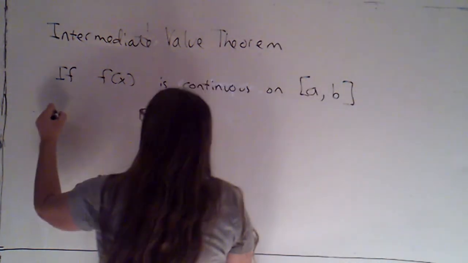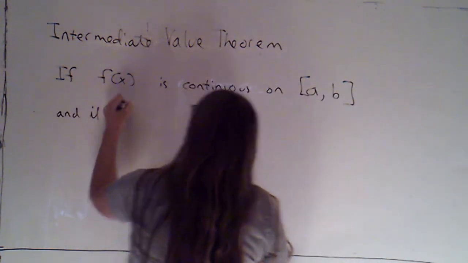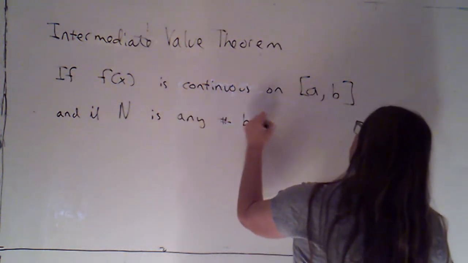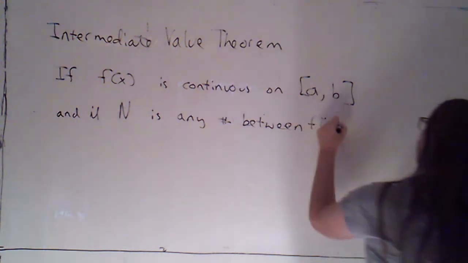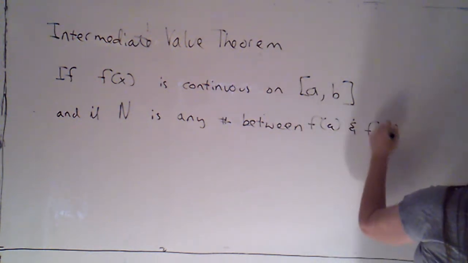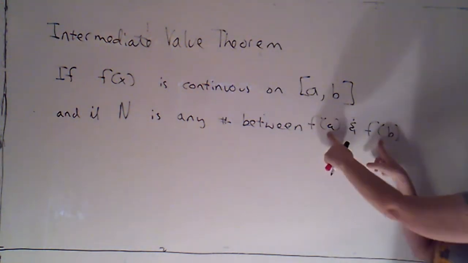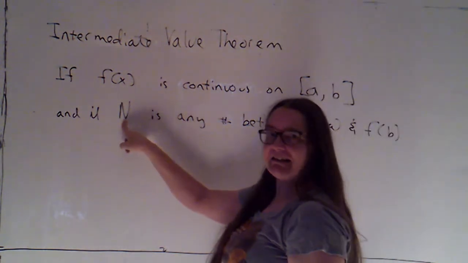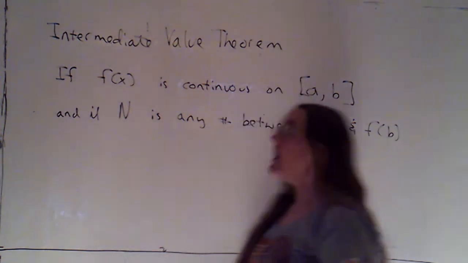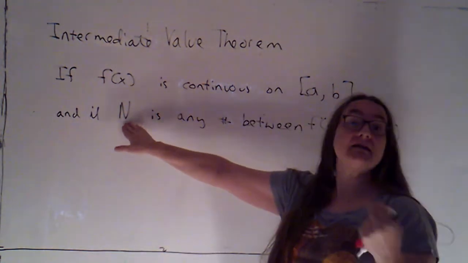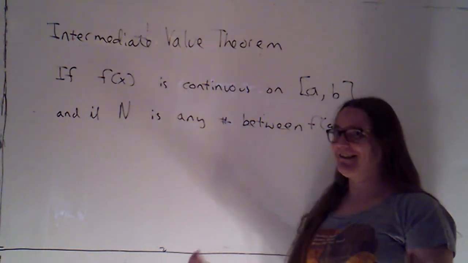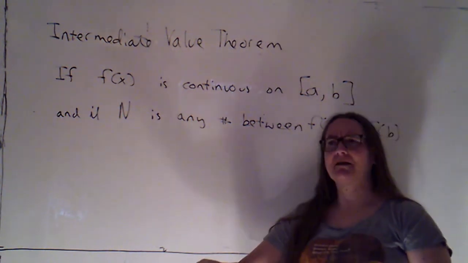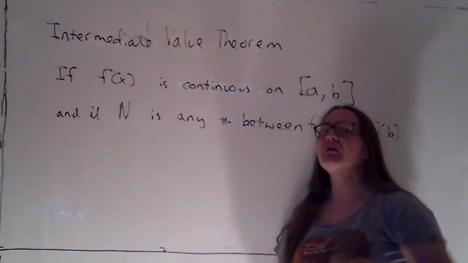And if n is any number between f of a and f of b. So these y values are establishing a here and a there. N is establishing our in between. A very common choice for n is 0, just because it's so easy to tell whether something is bigger than 0 or smaller than 0. You basically have smaller than 0 is negative, bigger than 0 is positive.